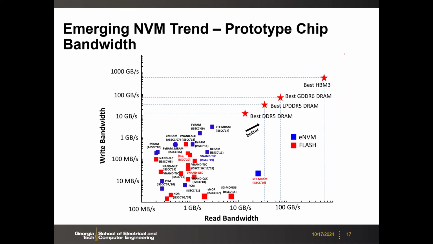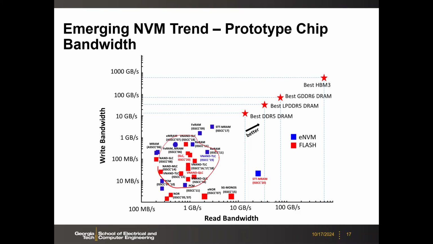Then in terms of the prototype, the chip speed, or let's say bandwidth. So here, this is another survey, read bandwidth versus write bandwidth. And for most emerging memories demonstrated so far, the bandwidth is around this corner.